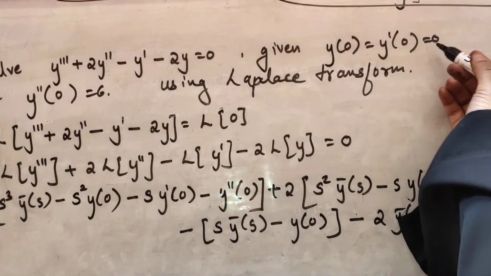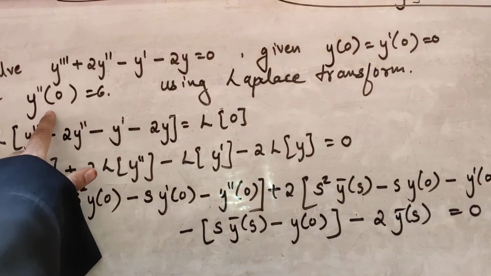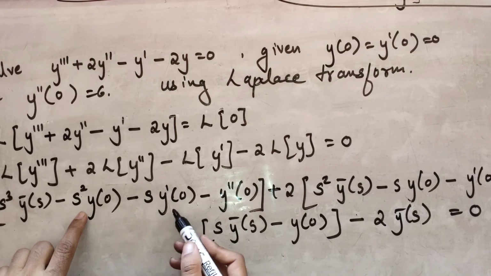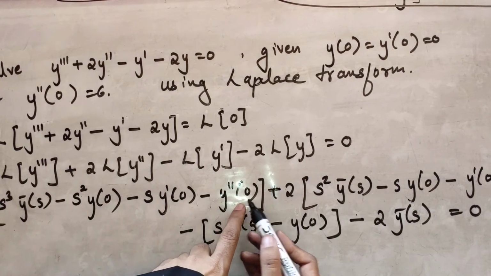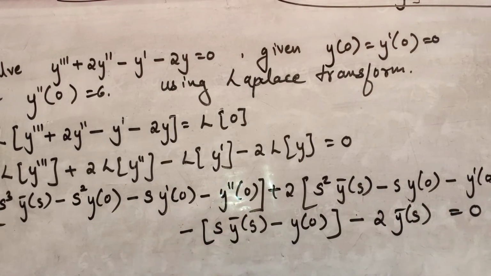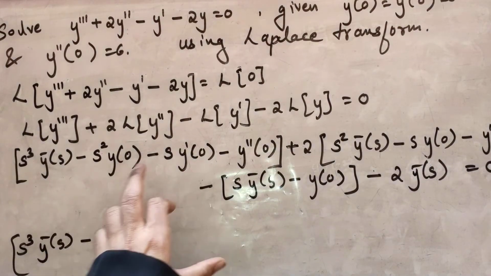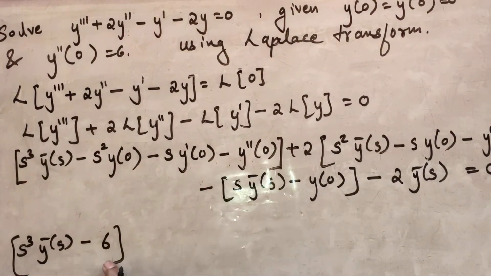y of 0 and y dash of 0, they are both 0, whereas y double dash of 0 is 6. Let us substitute that. So this is 0, only here it comes 6. Again this is 0, and even this is 0. So let us do the substitutions. You have s cube y bar of s minus 6, because these two are zeros, only you will have this.